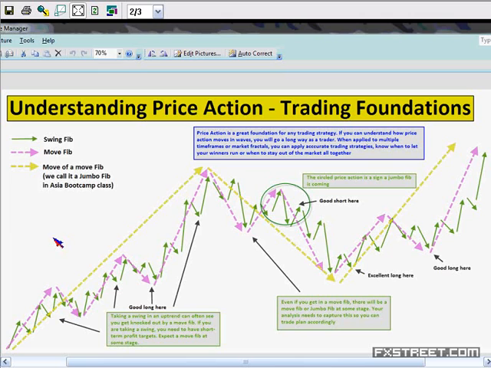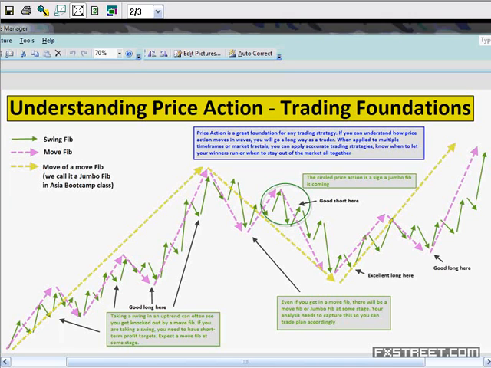If we, in this example, look at that yellow line as being a daily swing, and we look at the pink as maybe being a 4-hour chart, and we'll look at the green as being, say, 15 minutes in this example. Okay, that's the time frames. That's how the fractal nature of the market works.